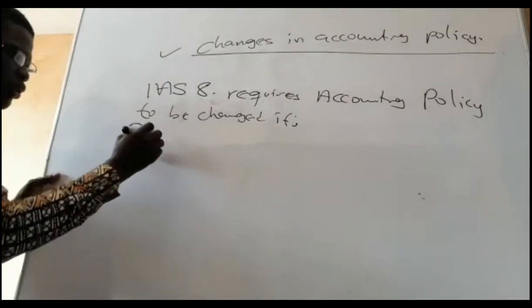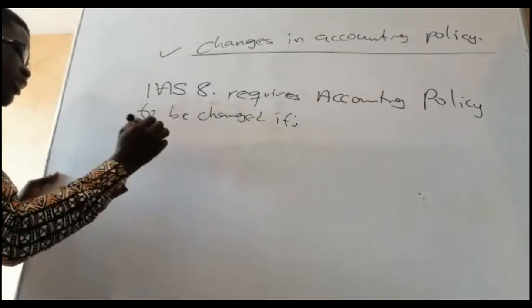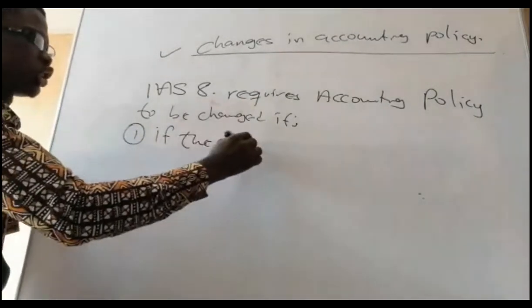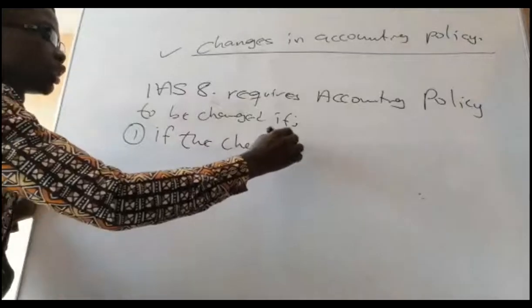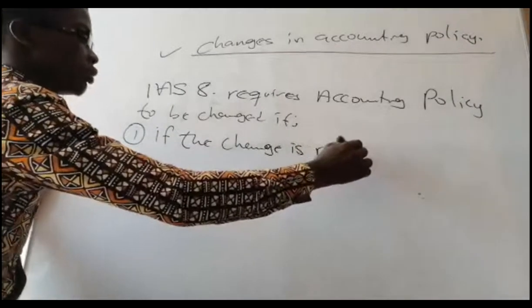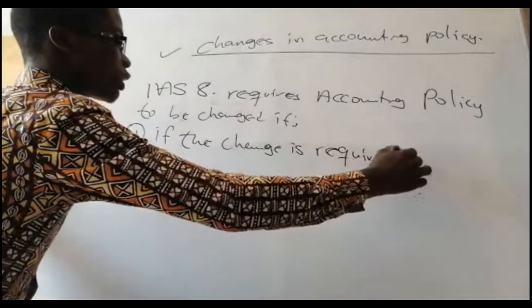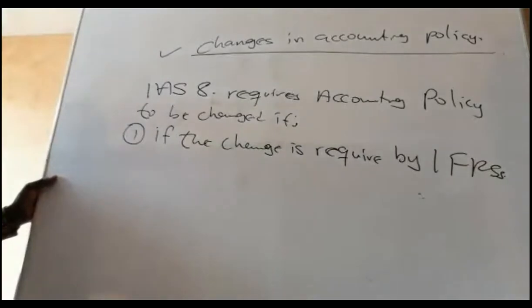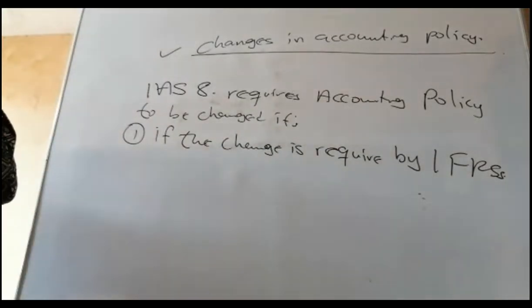If the change is required by IFRS. So if the change is required by what? IFRS. Good. So if the change is permitted or required by a standard, then you are allowed to change the policy.